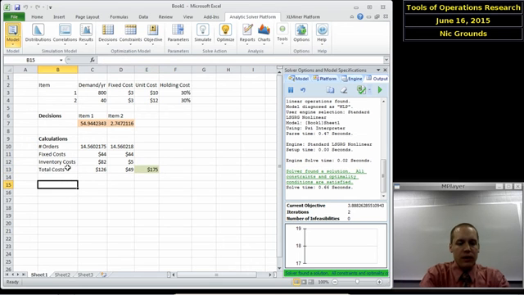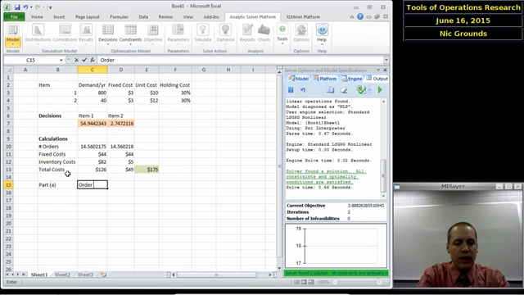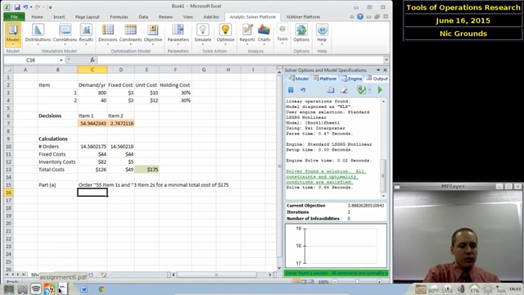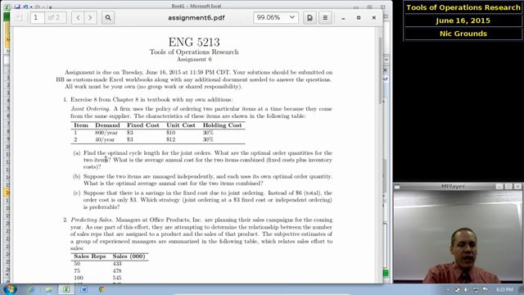So our part A answer is that we would order about 55 item 1s and about 3 item 2s for a minimal total cost of $175. So that is the answer we would have to part A. Find the optimal cycle length for the joint orders.